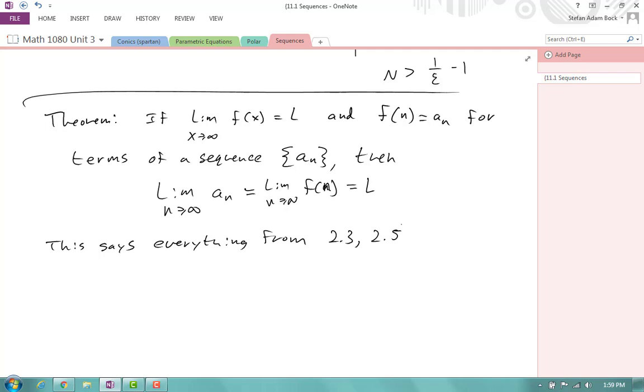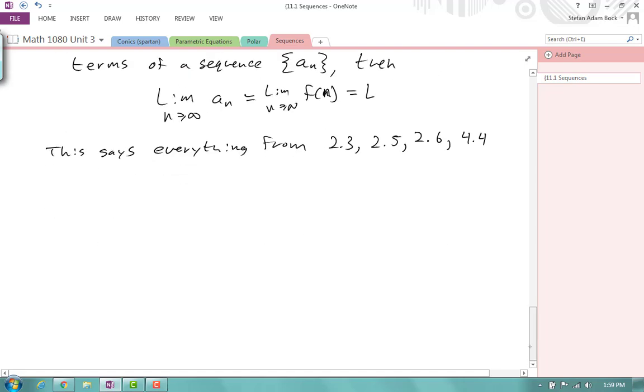But that's also covered in section 2.3. And then section 2.6, which dealt specifically with infinite limits, as well as section 4.4, which is L'Hopital's rule. And this is going to help us take care of a heck of a lot of problems.